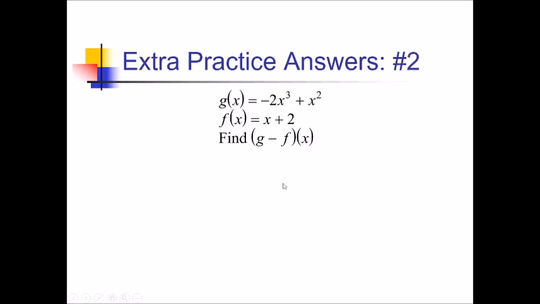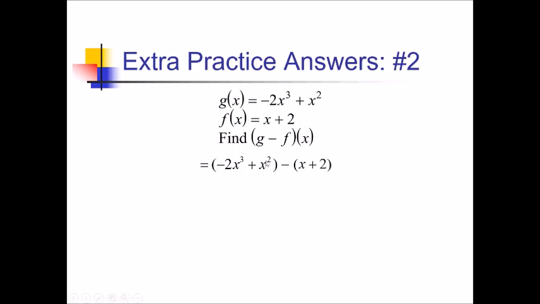For this problem, we're doing g minus f of x, given the g and f functions here. So this is saying we want to do g of x minus f of x. So negative 2x cubed plus x squared, that's g of x, minus all this f of x stuff, x plus 2. Notice I'm using parentheses. I definitely need it on the second set of things. The first set I didn't really need it on because there's nothing that comes before it to multiply by it, but we'll have it there anyway.